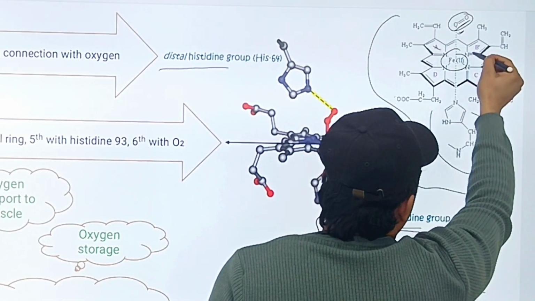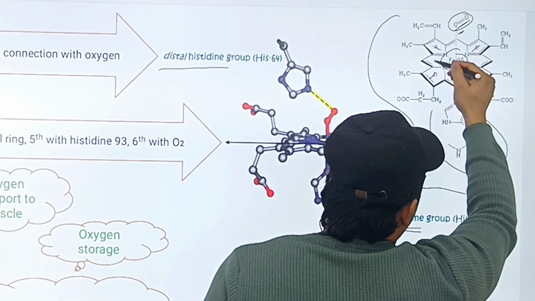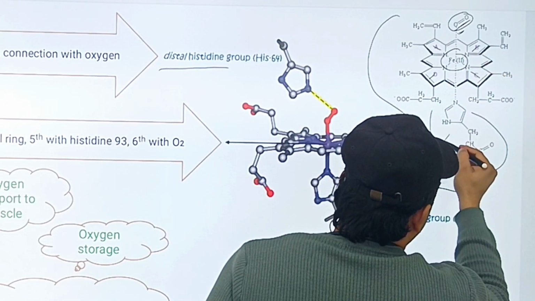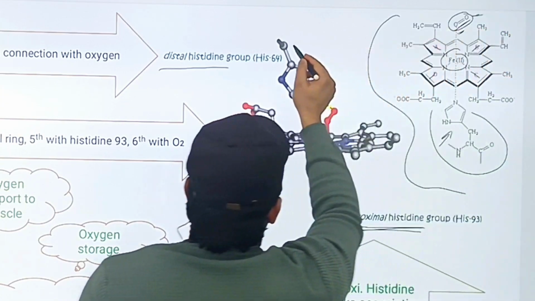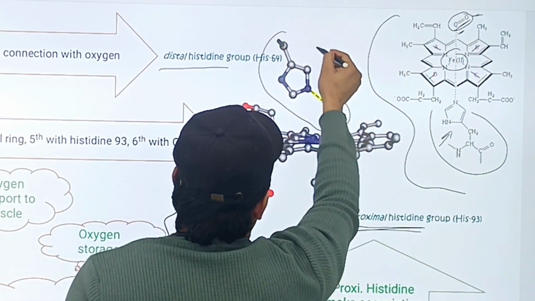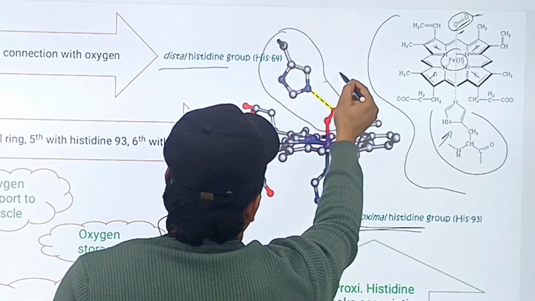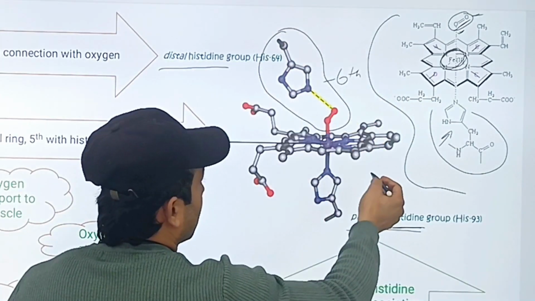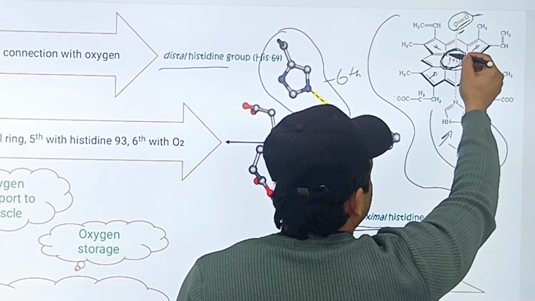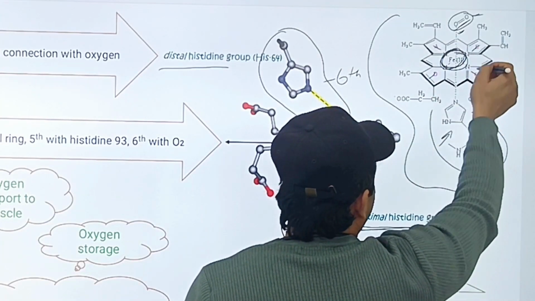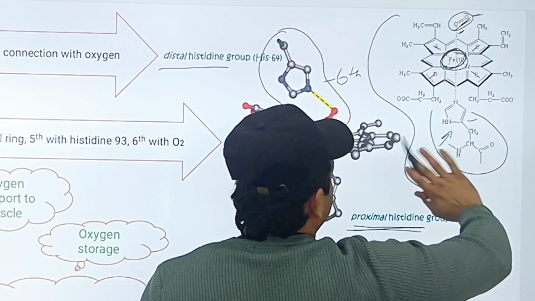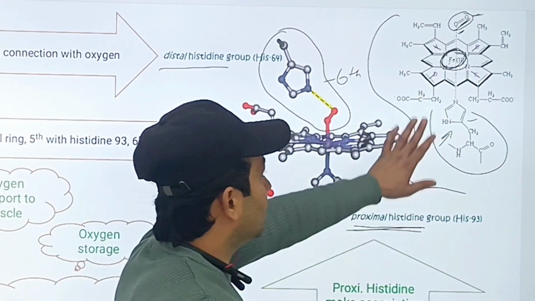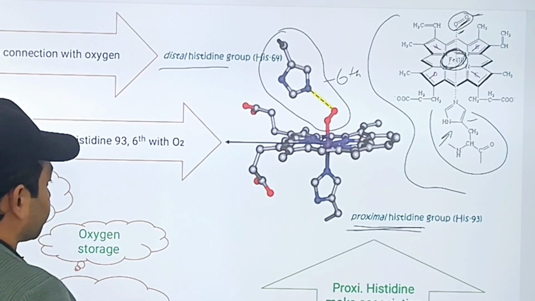So 1, 2, 3, 4, the 4 pyrrole rings with the iron; the fifth one is the histidine, which is the proximal histidine; and the sixth is the binding of the oxygen. This is how the iron molecule can make 6 associations.